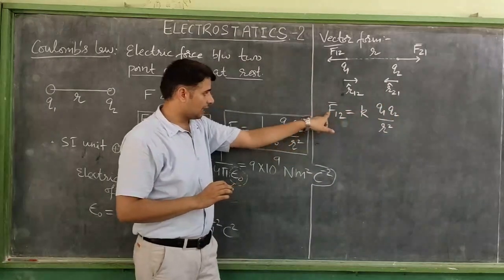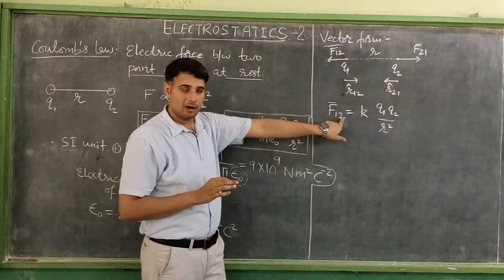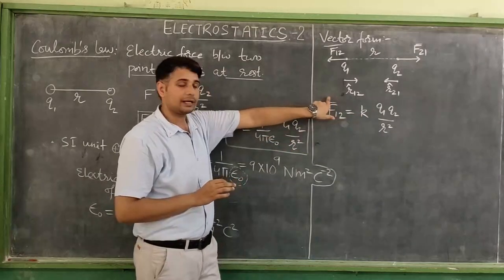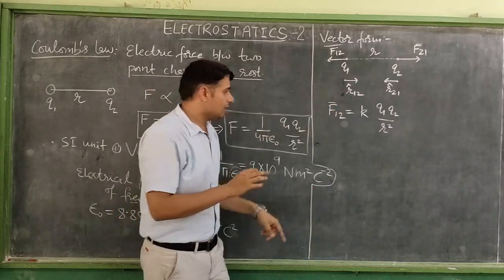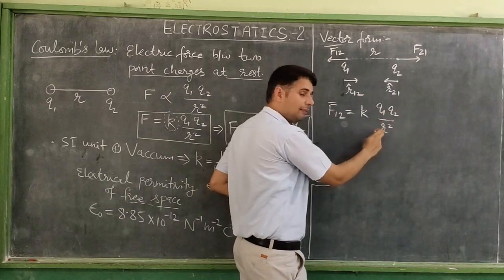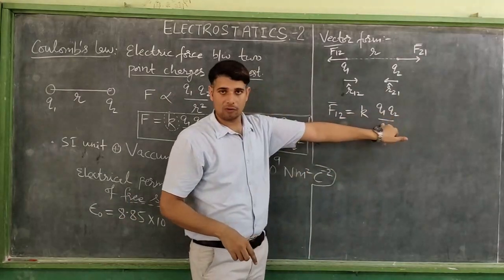But since in the left hand side I have written vector, that is F12 vector, force on first charge due to second charge, and that is with vector symbol, this bar sign. So F12 vector should be equal to K Q1 Q2 divided by R square. Now I have to assign the appropriate direction also.